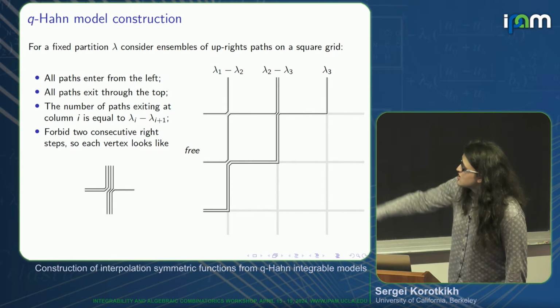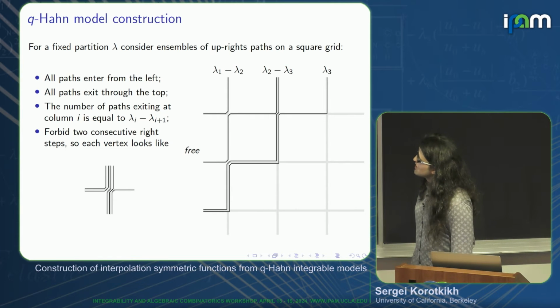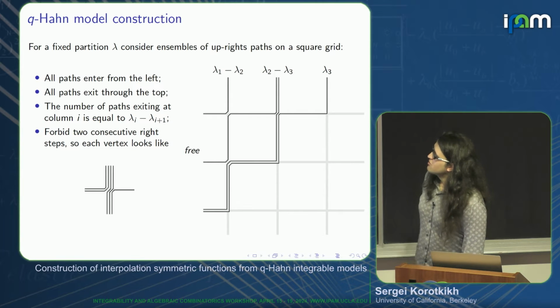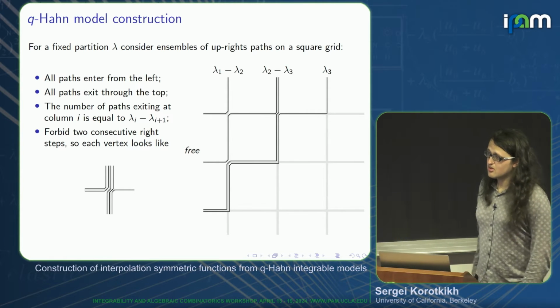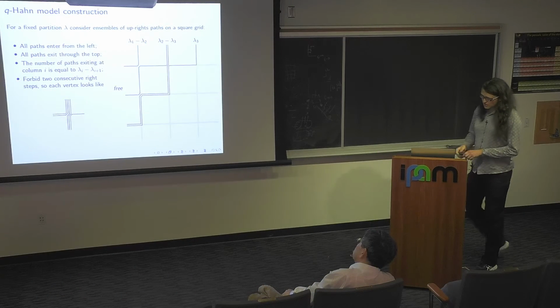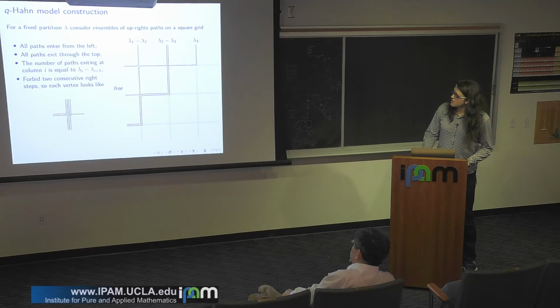So for example, this picture corresponds to the partition lambda being 4, 3, 1. Lambda 3 is equal to 1, lambda 2 is equal to the sum of 2 and 1, and then lambda 1 is equal to the sum of all paths at the top boundary. Okay, so these are the possible states of this model.